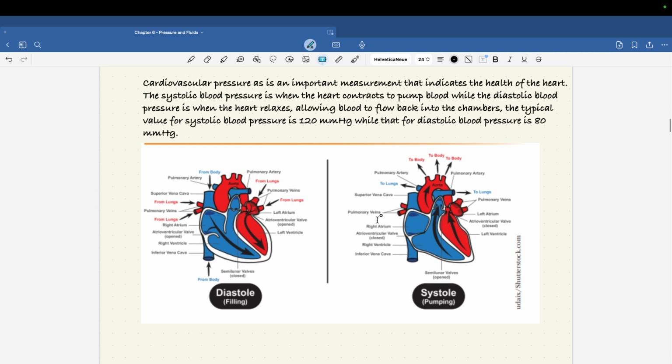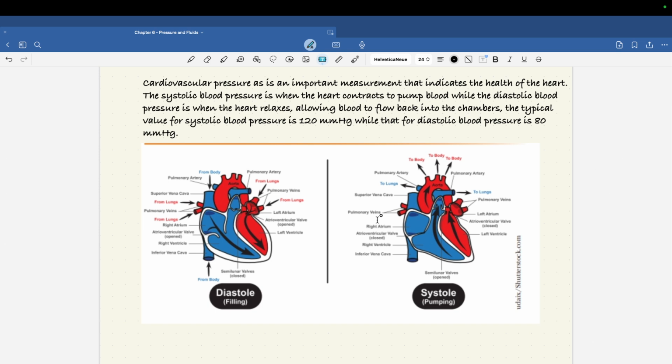Cardiovascular pressure is the next chapter, which shows how important that is. But here, looking at it briefly, we know that the blood pressure indicates the health of the heart. The systolic blood pressure is when the heart contracts to pump blood, while the diastolic blood pressure is when the heart relaxes, where blood flows back into the chambers.